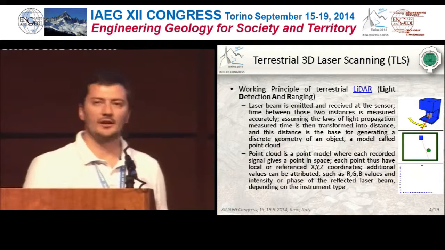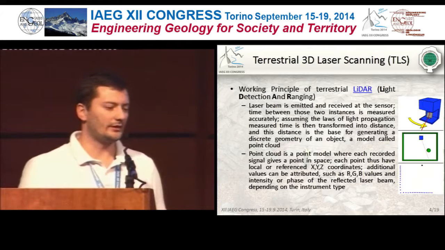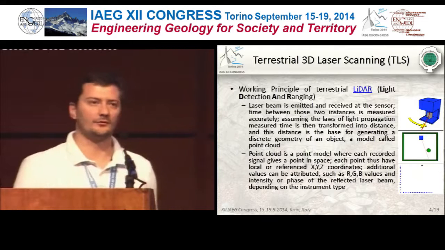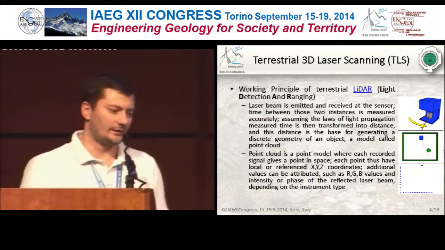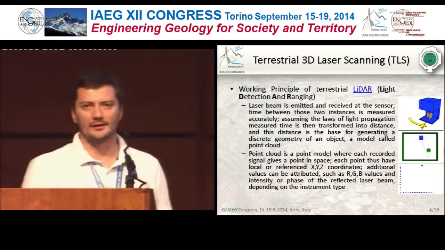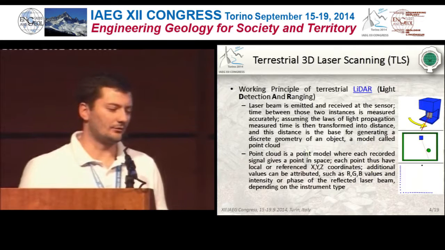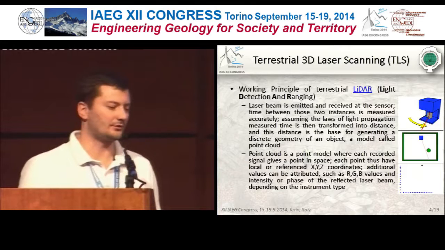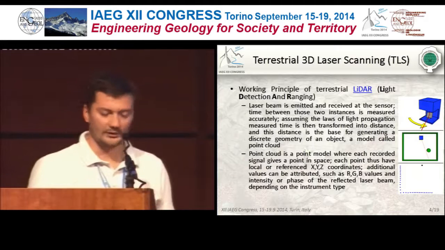By reconstructing all the differences in the space, we can reconstruct the geometry of that space. Each point will get an X, Y, Z coordinate in a local or global reference system. In some systems it is also possible to get the intensity of the signal, and the natural color values, RGB values, which is sometimes also very useful.